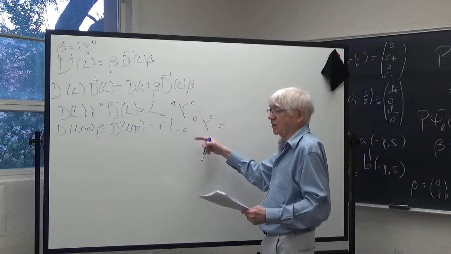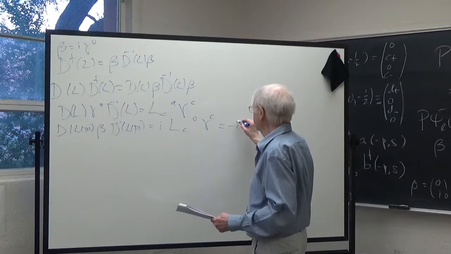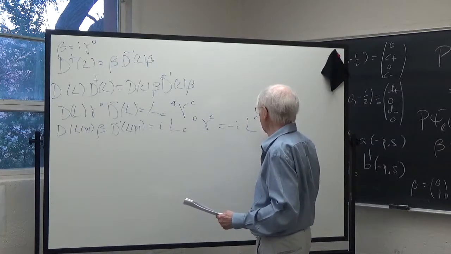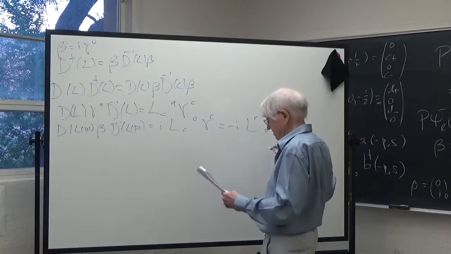If we lower a 0, we get a minus sign. So this is minus I LC0 gamma C.